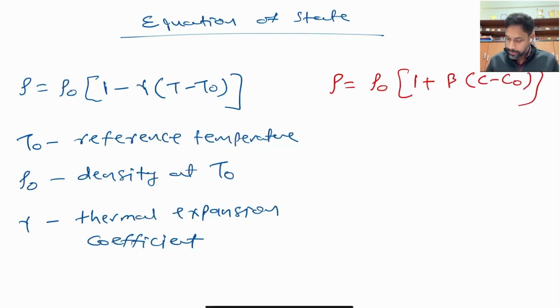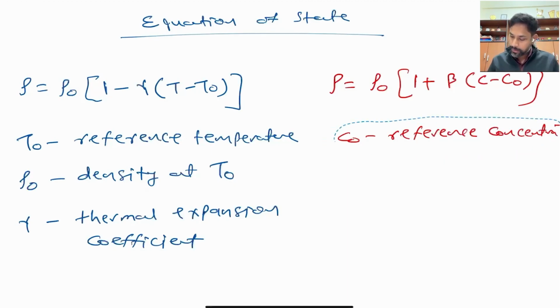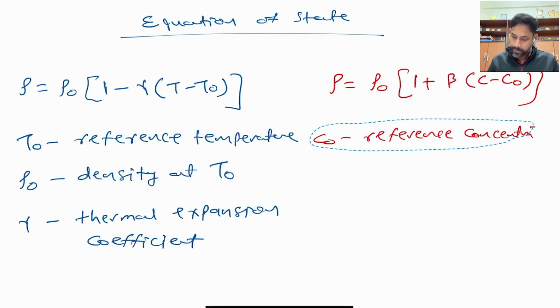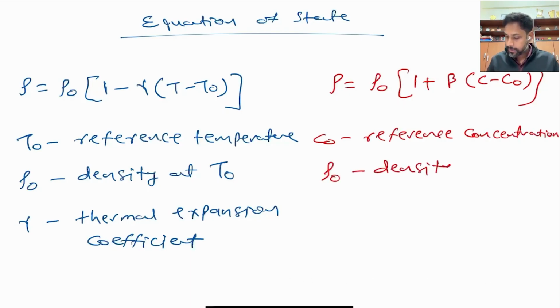In this case, C naught is the reference concentration, and rho naught is the density at C equal to C naught.